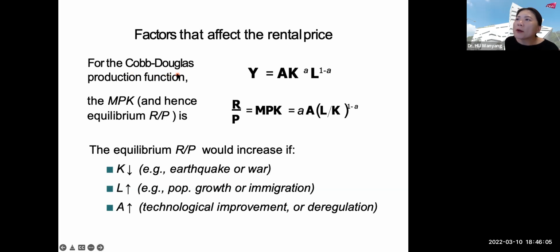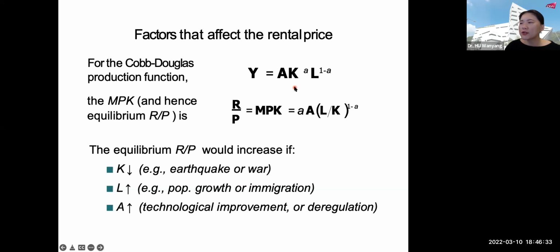Production functions have many forms, but here we use the Cobb-Douglas form. This is the most popular one because it's very easy to take derivatives, so mathematically it's simple. This is the production function: this is capital, this is labor, and you have a productivity parameter here, and this is the production.